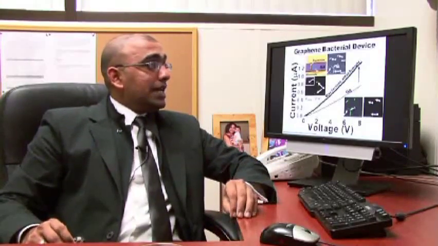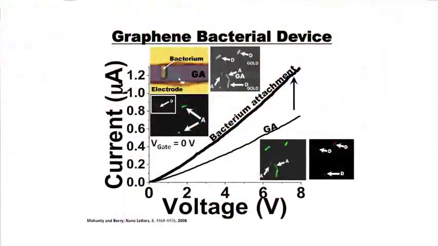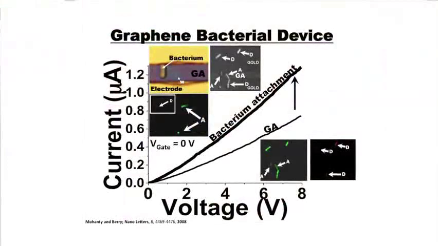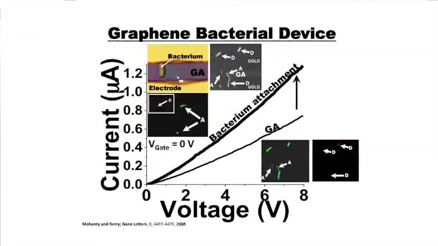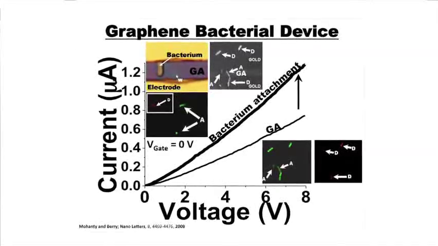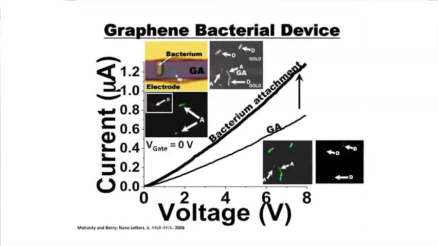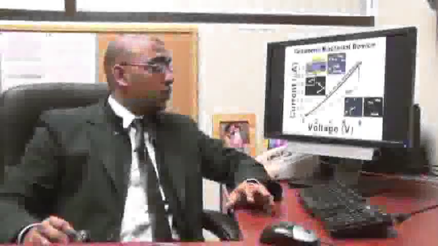We used the same principle to make a bacterial sensor, in which we attached a bacterial cell on graphene, as you can see over here. So you have a bacterial cell which interfaces with graphene, and after attachment of the cell, the conductivity of the graphene device increases, and so one can make a graphene-based bacterial sensor, which we showed in 2008.